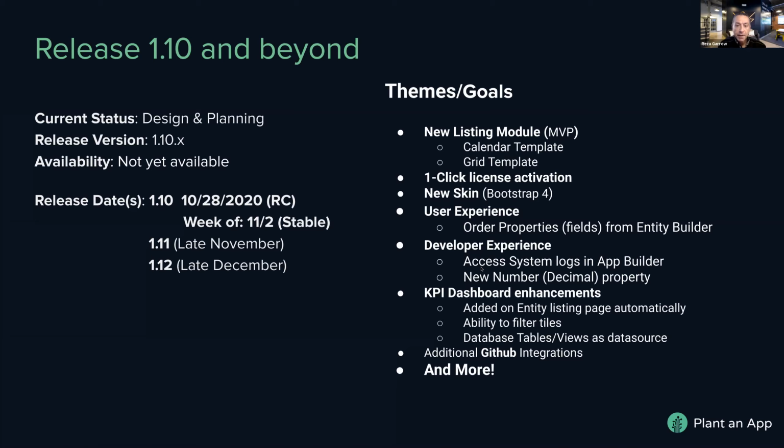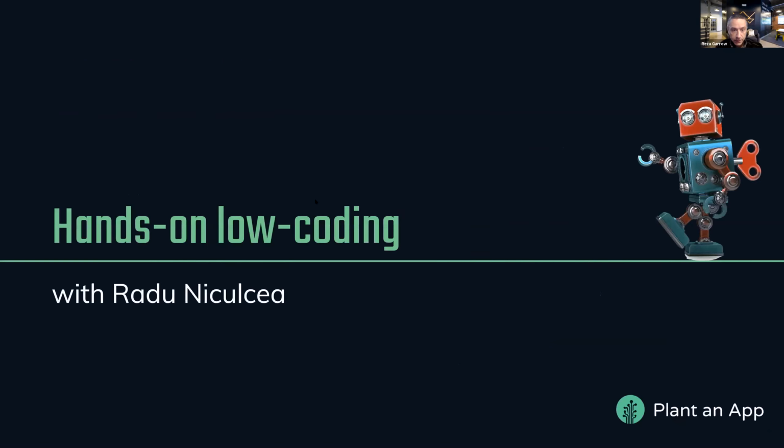From your data standpoint and the data model, we've got a decimal type field now that's been introduced, and we'll take a look at that and what the impact will be to how you use it, and it won't break anything that you've already set up, and I'll show how that's going to work. And then as Bogdan mentioned, I wanted to show some things we're doing with taking the KPI tile dashboard to the next level. So with that said, let's take a look.